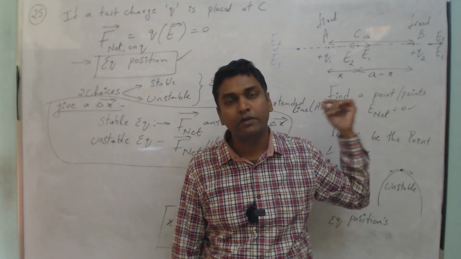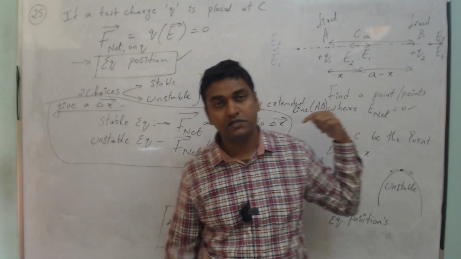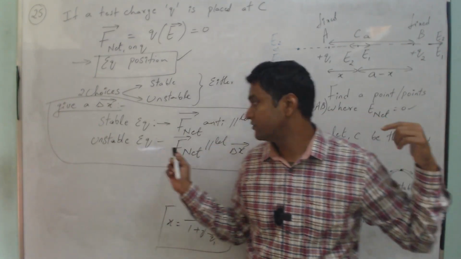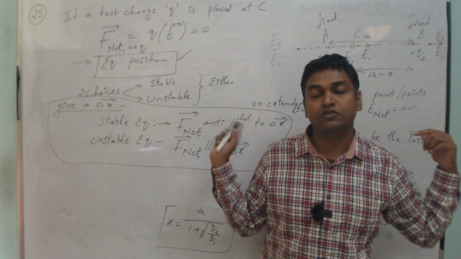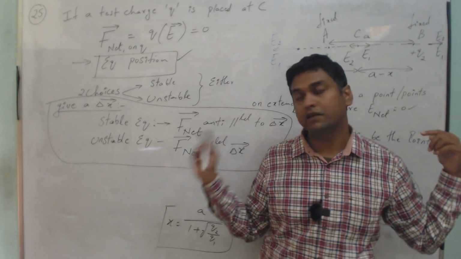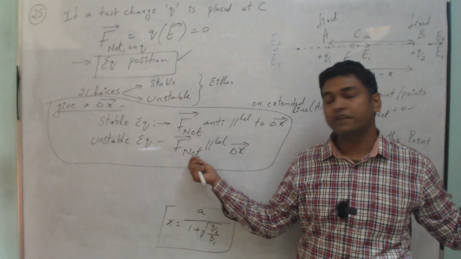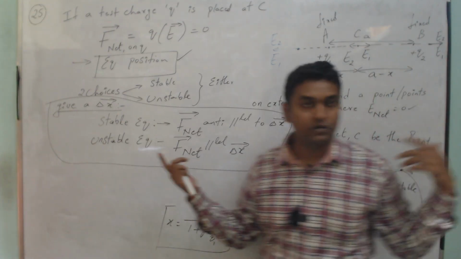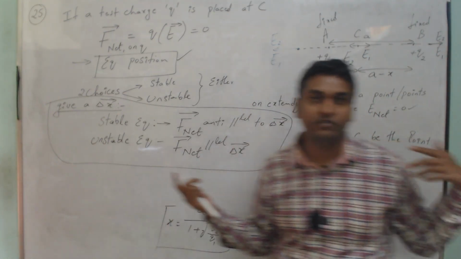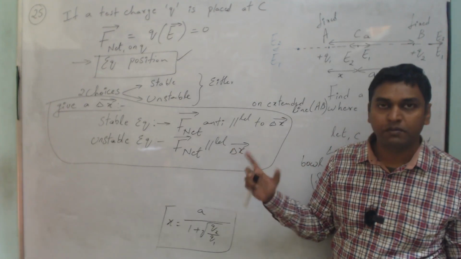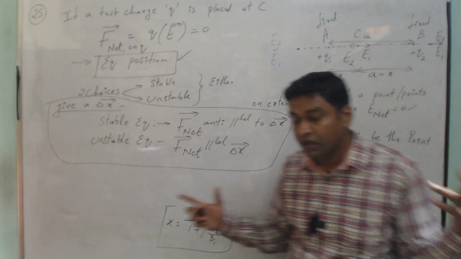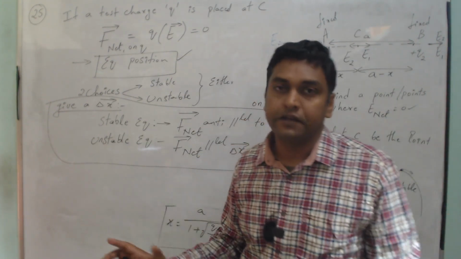Then what should happen? If it's coming back, it's a stable equilibrium. That means the net force is opposite to the delta x bar, anti-parallel. If it's unstable equilibrium, the net force is parallel to the delta x that we have given, then it is never going to come back. Correct? Story hasn't ended yet.